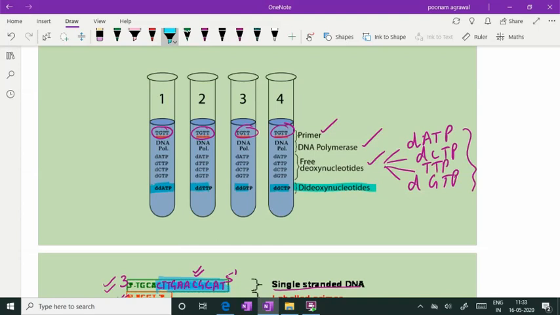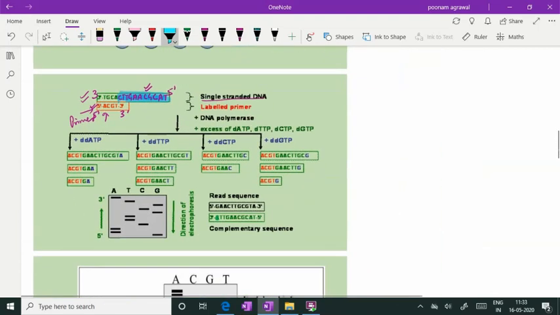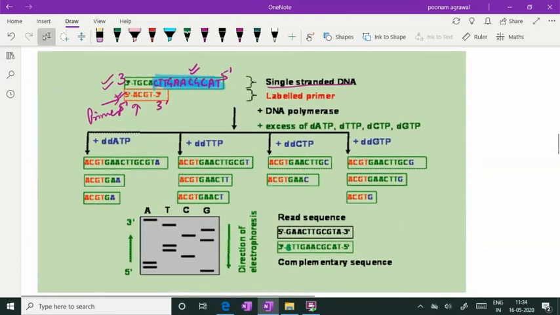The tube 1 was having dideoxynucleotide of ATP and the third tube was having of GTP. Like that, dideoxynucleotide was differently placed in these tubes, and when the DNA polymerase acted and the DNA synthesis took place, you see what happened. Suppose you're talking about tube 1 which is having the dideoxynucleotide ATP.